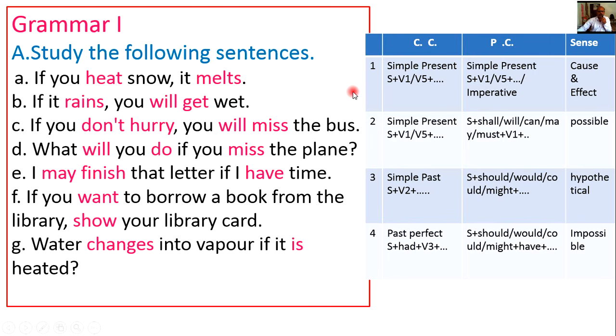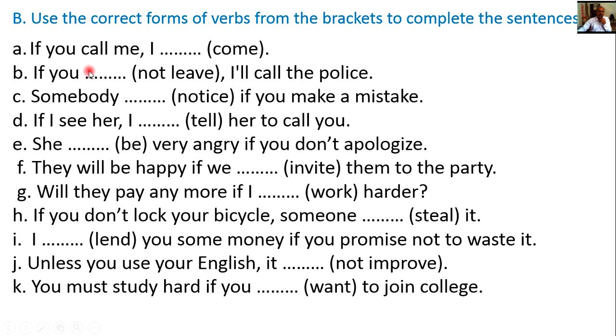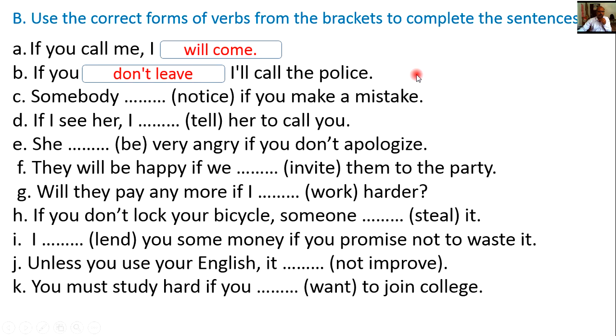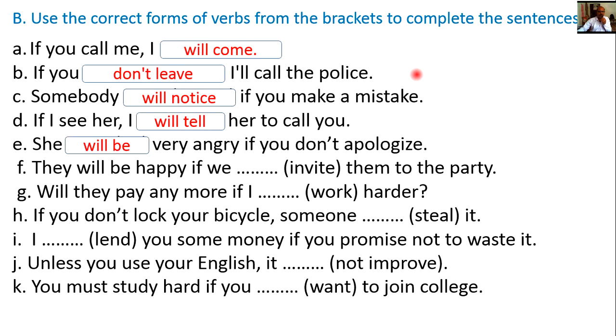If you want to study more and more, then you can watch my video under grammar section, CC and PC or conditional sentences. Now, if you call me, what is the answer of it? I will come. If you don't leave, I will call the police. Somebody will notice if you make a mistake. If I see her, I will tell her to call you. She will be very angry if you don't apologize.